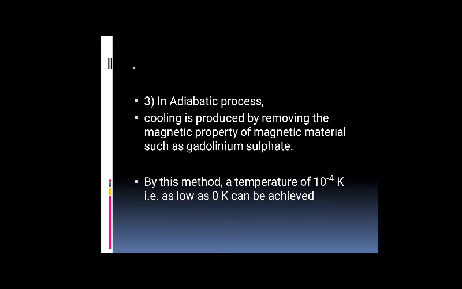Suddenly they will stop the magnetic field. Then disorientation happens and the alignment gets disturbed. Then expansion happens and cooling happens. By this method, a temperature of 10 to the power of minus 4, that is 1 by 10,000 Kelvin, almost as low as 0 Kelvin, can be achieved.